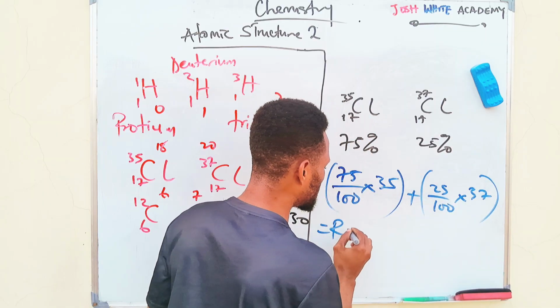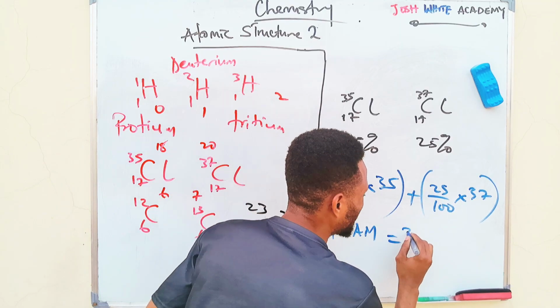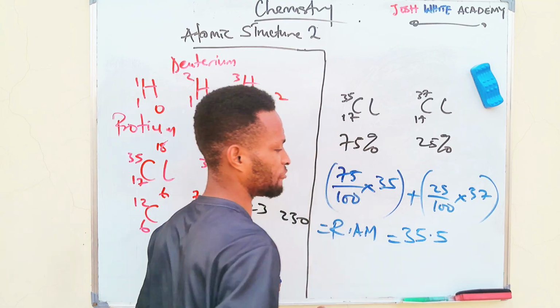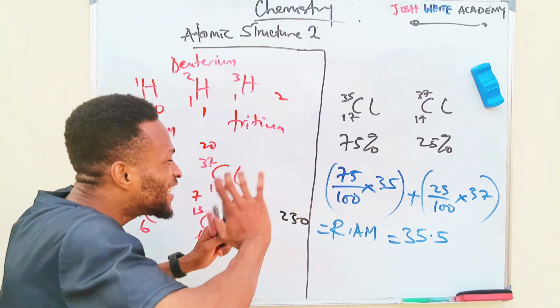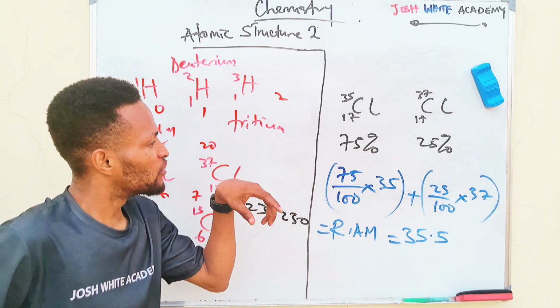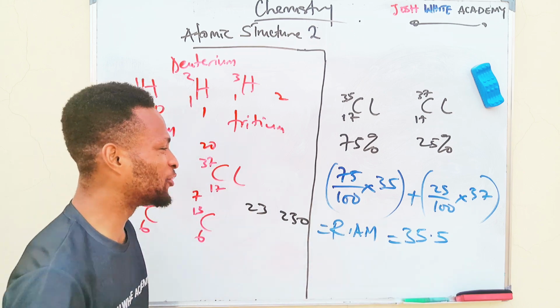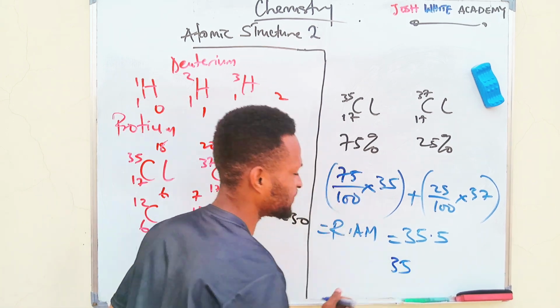This will give you your relative atomic mass, which is equal to 35.5. And that's the reason why the relative atomic mass of chlorine is 35.5 in your periodic table and not the conventional 35.